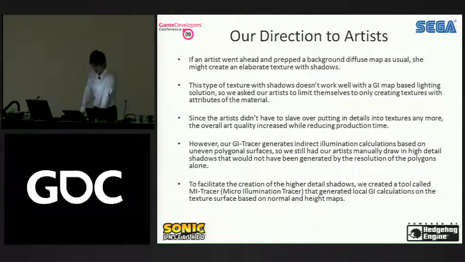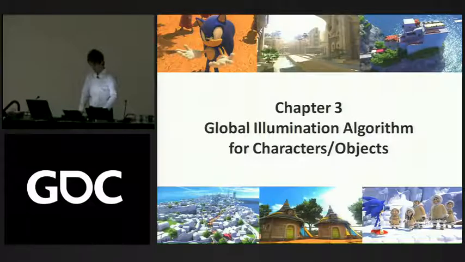To facilitate the creation of the higher detail shadows, we created a tool called MI Tracer, Micro Illumination Tracer, that generated local GI calculations on the texture surface based on normal and height maps. By doing this, we support artists.